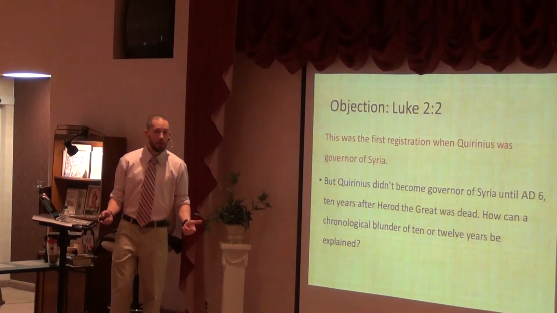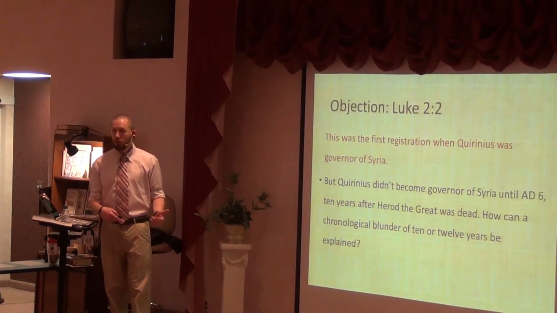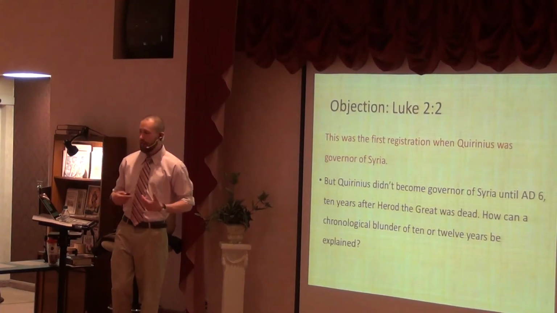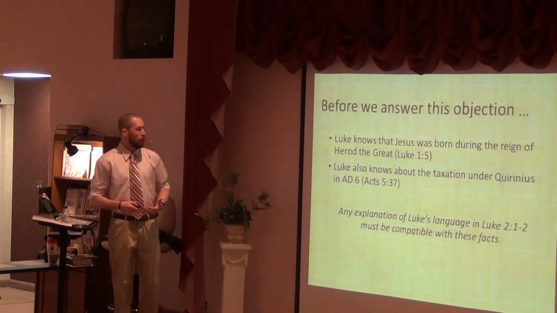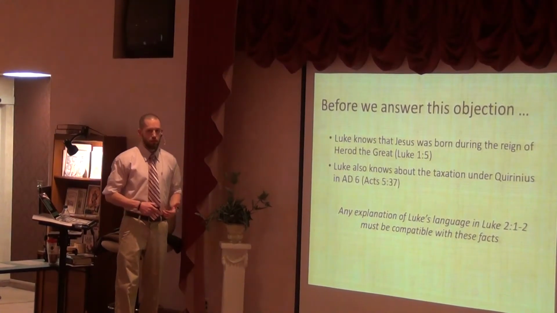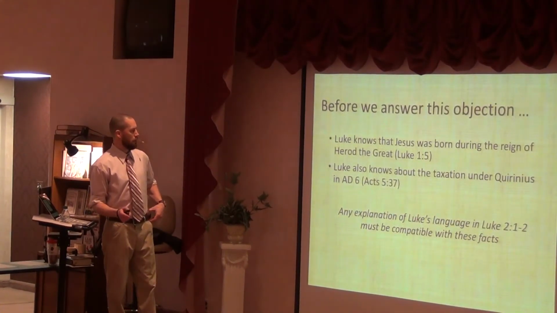Could be that Quirinius had a previous governorship earlier on. Could be. I think there's a better answer, and so you can judge this for what it's worth. I don't think that might be it.